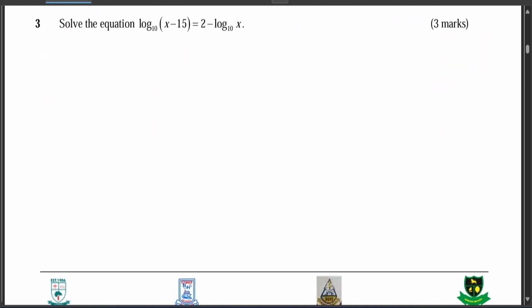Question 3: solve the equation log base 10 of x minus 15 equal to 2 minus log base 10 of x. Very simple question with a simple formula. Before we proceed, remember that we have basic rules for logarithm.